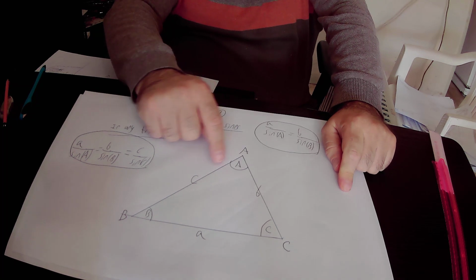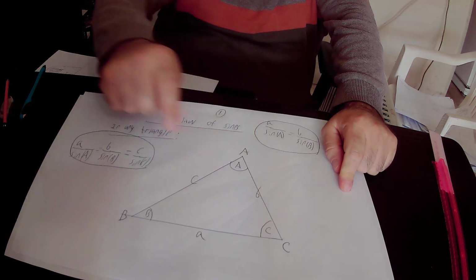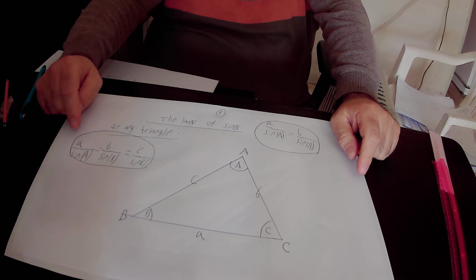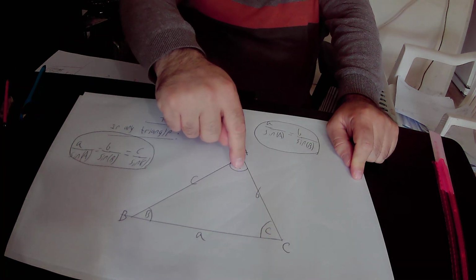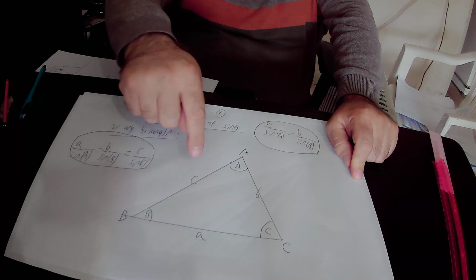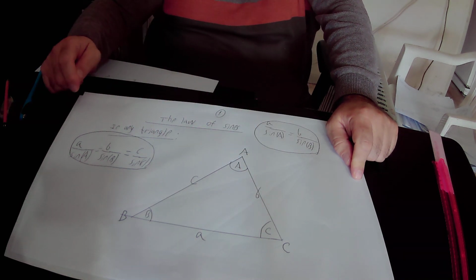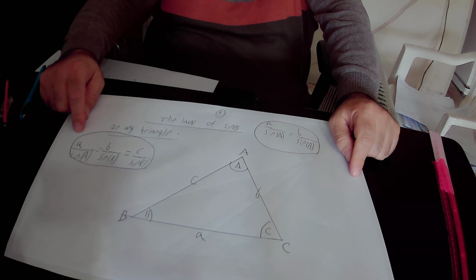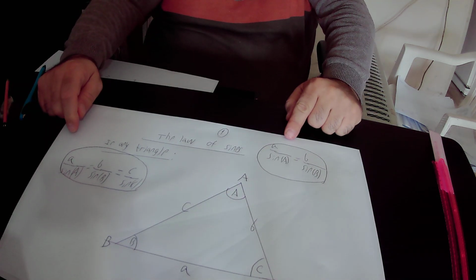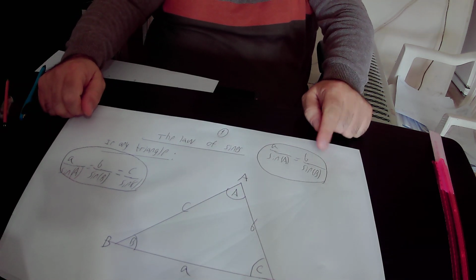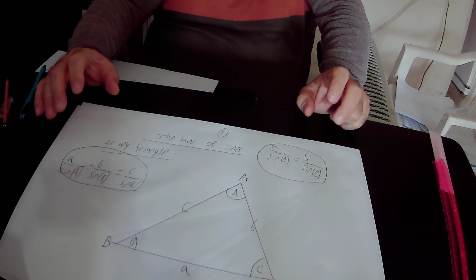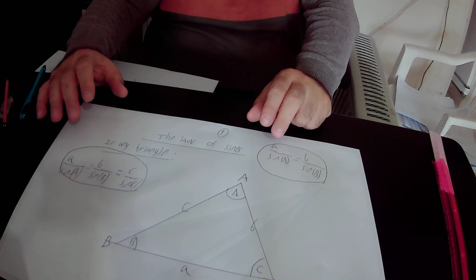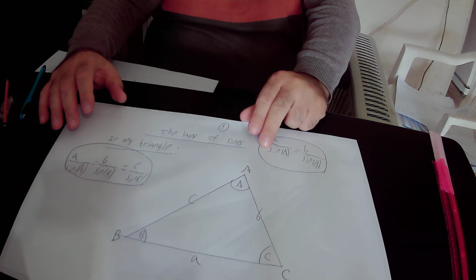This is angle A, this is angle B, and this is angle C. According to the law of sines, A over sine A equals B over sine B equals C over sine C, and it is true in any triangle. From this formula, we derive that A over sine A equals B over sine B. This is the law of sines, and we implemented it in triangle ABC.